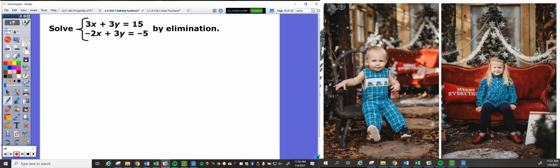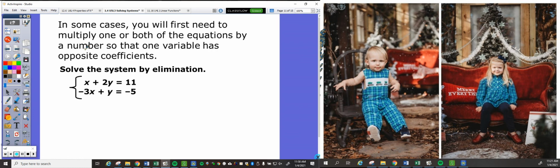We all okay? Okay. So now you run into situations where I don't have the same numbers in front of the variables. I have a 1 and a negative 3, a 2, and a positive 1.